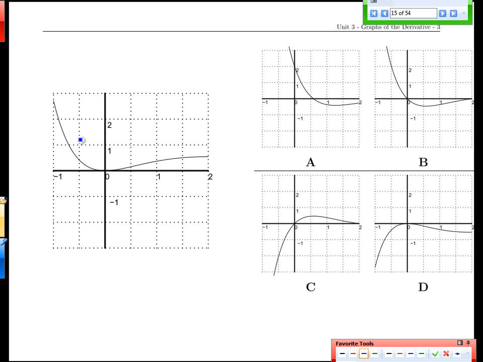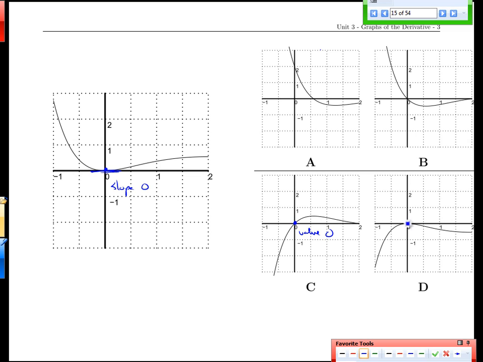Okay, again, the most distinctive feature about slopes of a graph are the points where the slope is equal to 0. So if this is our original graph, whatever graph we pick for the derivative has to have the corresponding, not slope 0, but it has to have a value of 0.